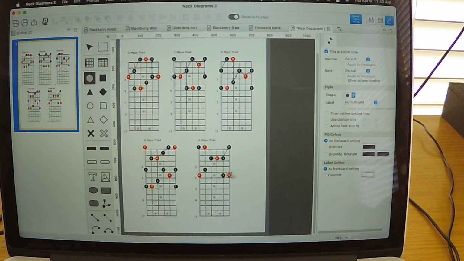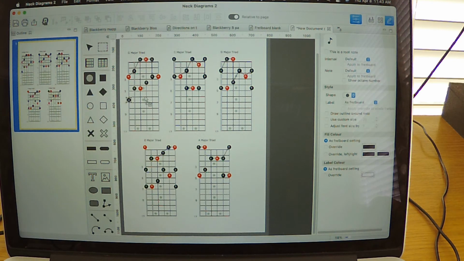So now that we've found 2 inversions of each one based on just that little bit of information, the relationship between root and third, the relationship between fifth and root, and the relationship between third and fifth, let's see if we can go back here to G and fill out the rest of this fretboard with that information. So let's scan for what we know. There's a root, there's a fifth, so that tells me that there's a third here.